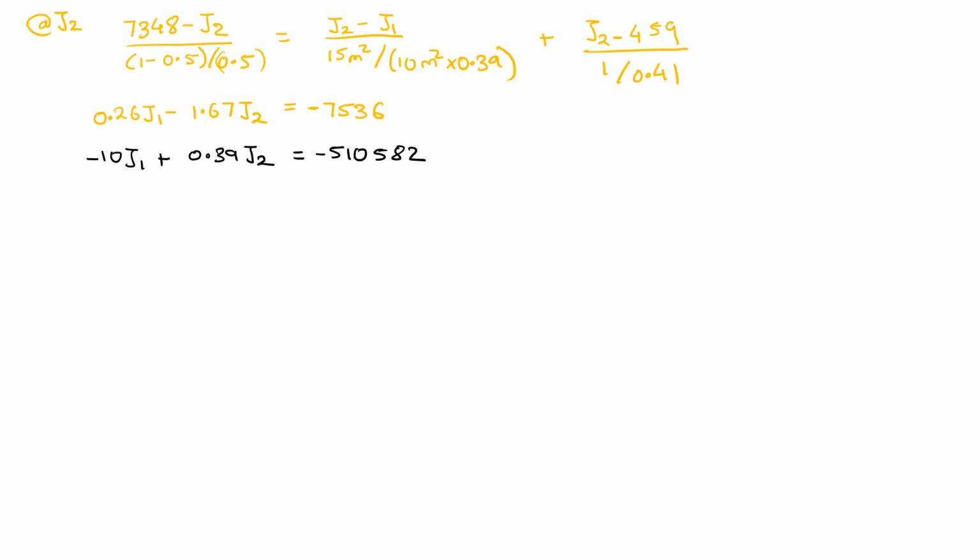So we can simply solve this for J1 and J2 simultaneously, which will give us J2 equal to 12487 watt per meter square, and J1 will be 51220 watt per meter square.